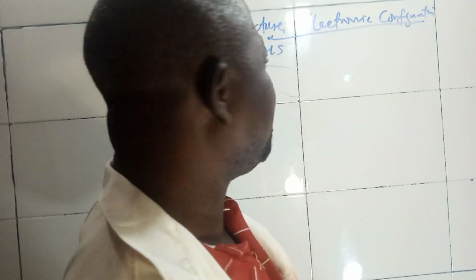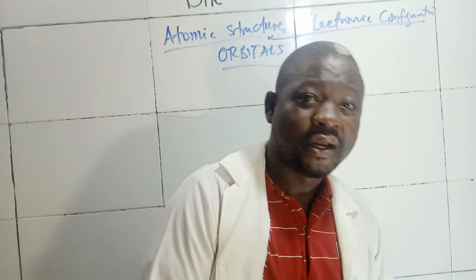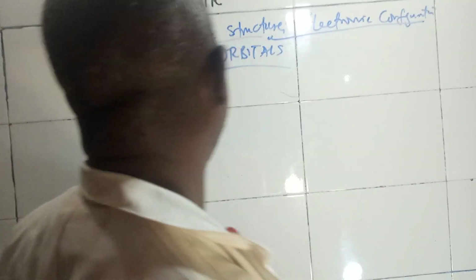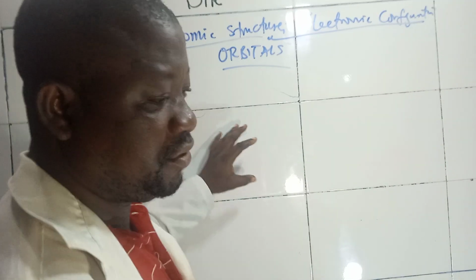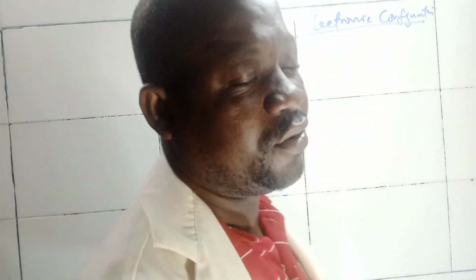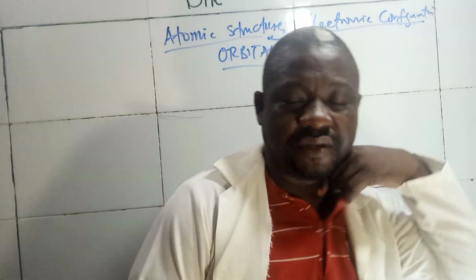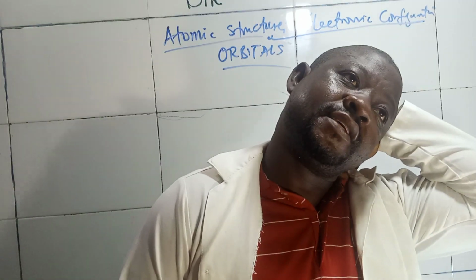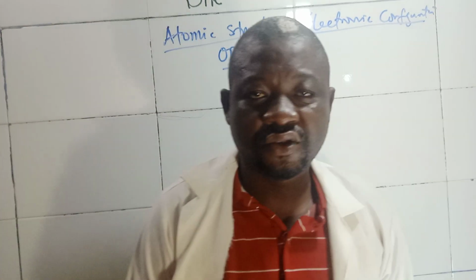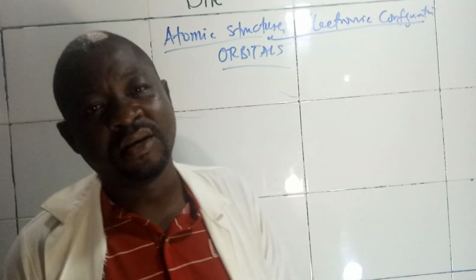Meaning that when you're talking about elements, you are talking about the atom of an element. In an atom, we have divisions and some parts that normally take part in a chemical reaction. There was an English scientist who did work extensively, his name is Dalton. So they call it Dalton's atomic theory.